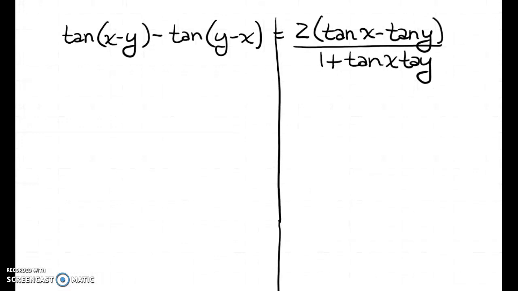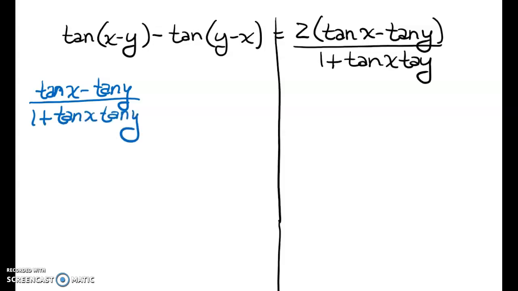So again, I think I'm going to start with the left-hand side and just use my formulas. So I'm going to say the tangent of x minus the tangent of y over 1 plus the tangent of x tangent of y.